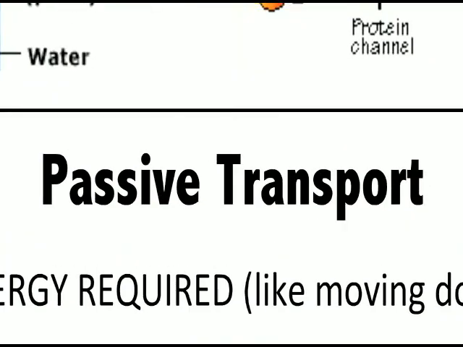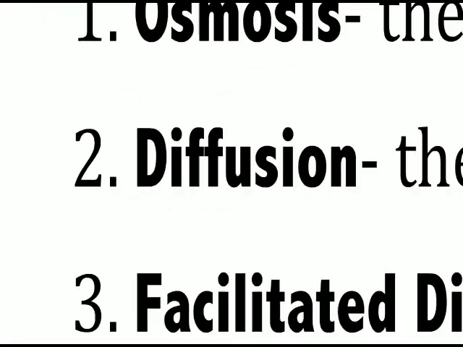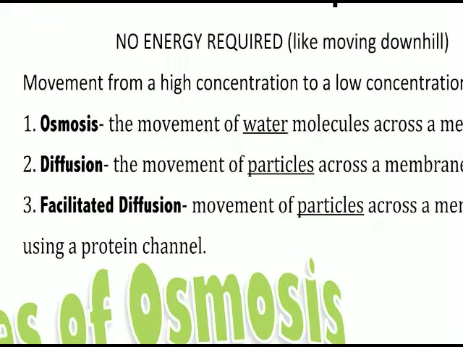There are two other kinds of passive transport. So far we've talked about osmosis, where you move water molecules, but there is also diffusion. Diffusion is the movement of particles across a membrane. And here we're talking about particles, so that's things like salt or sugar or starch, things that are not water. The last kind of passive transport is facilitated diffusion.